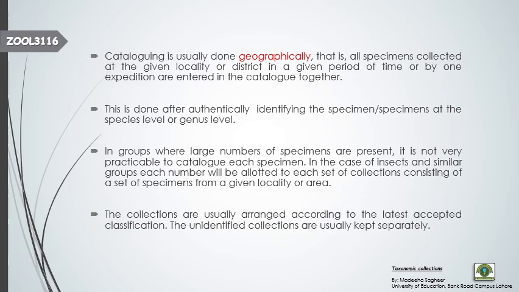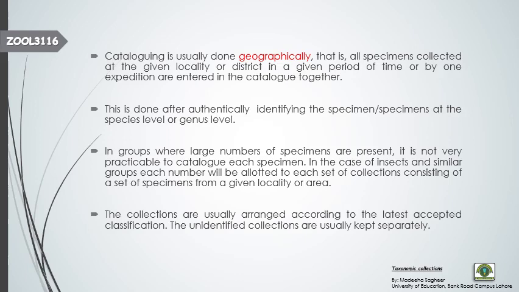So specimens that have been collected from the same area, a given locality, at the same time would be cataloged together. All right, this is one of the ways to catalog things.